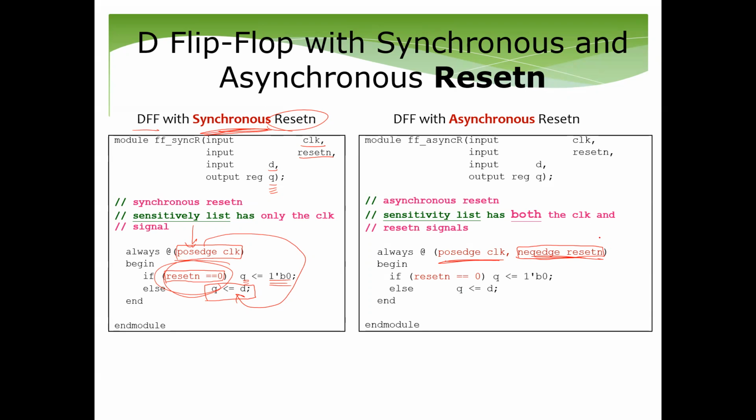Of course, we chose negative edge because we have an active low reset. Note that this code is the same here and there. What did we change? We changed the sensitivity list. We went from only following the clock to following the clock and following our asynchronous signal.